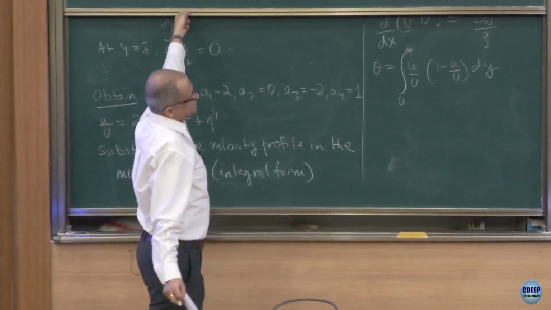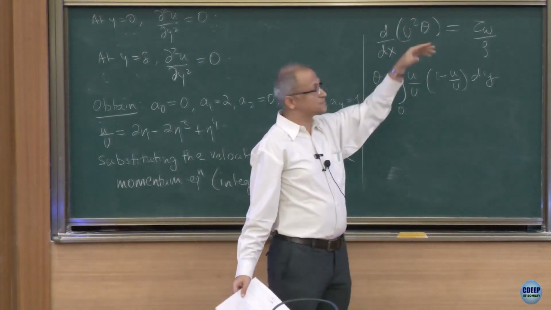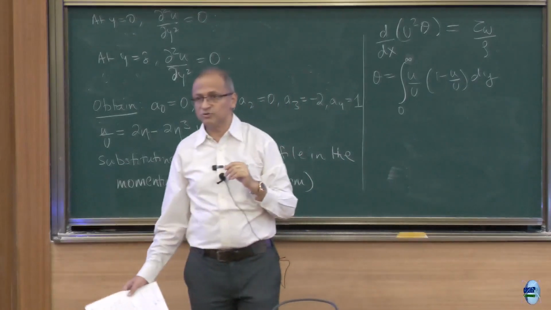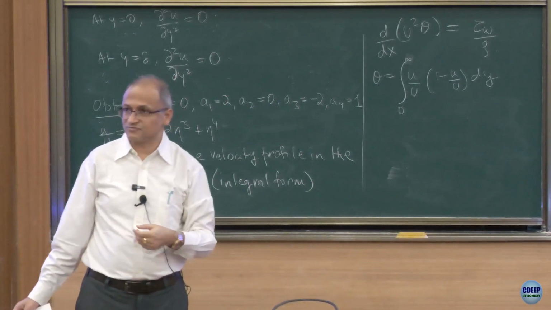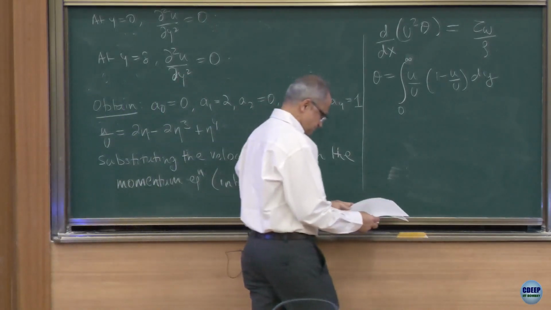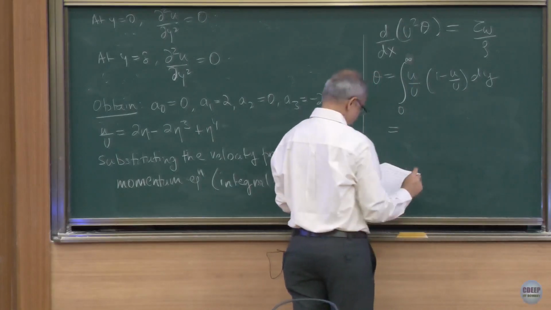So you can nicely put infinity here, but you know that after a point there are no variations, and u is equal to capital U afterwards.